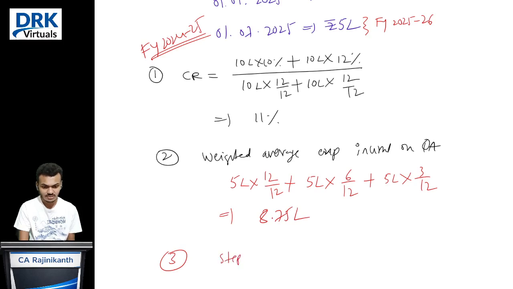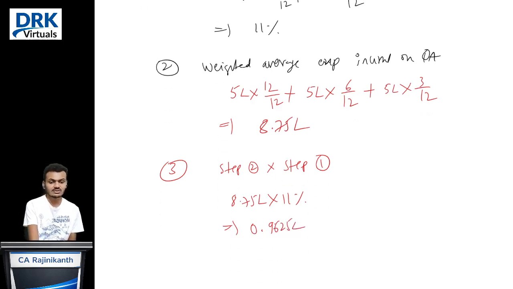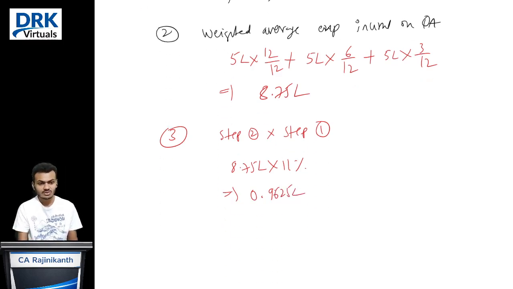And in third step, simply you apply the step 1 into step 2. Correct? Step 2 into step 1. That is 8.75 lakh into 11%. That will become 0.9625 lakh. It's nothing but 96,250, right? So we should not ignore actual borrowing cost.